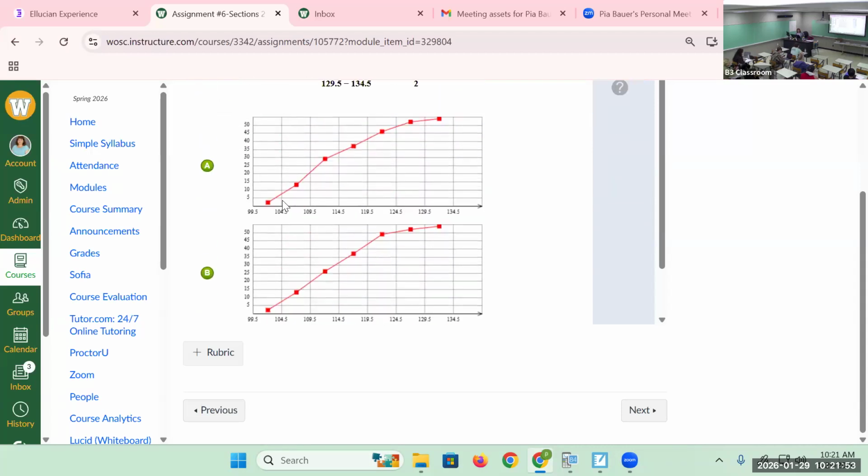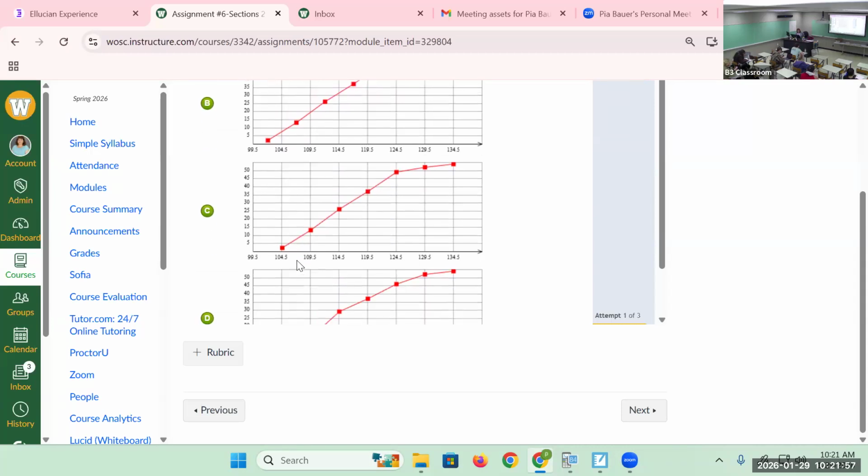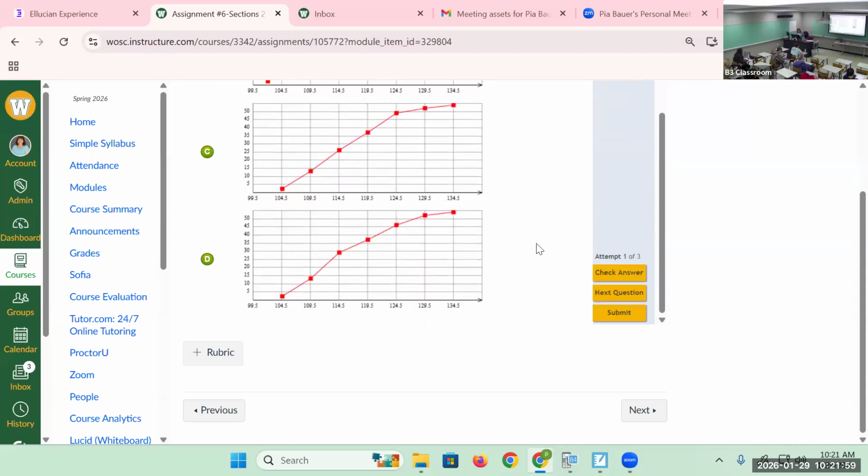So, okay, coming back. So this one is not starting with 104.5, but then C and D are starting with the upper boundary. So I know it would be C or D, okay? Only by thinking about the fact that the starting points or any of the points are using the upper class boundaries, okay? That's how I decided C or D.